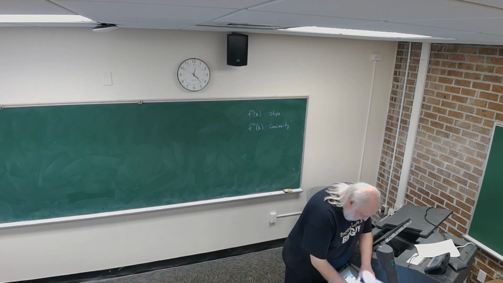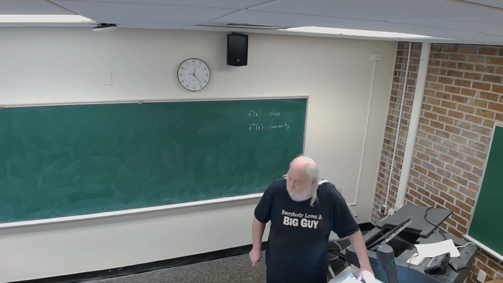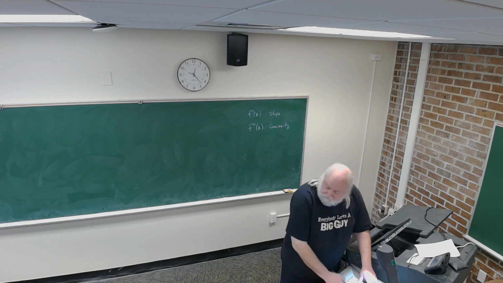And to the left of x equals minus 2, the graph is increasing, the slope is positive. And to the right of x equals minus 2, and to the left of x equals plus 2, the graph is decreasing, and the slope is negative. And then to the right of x equals 2, the graph is increasing, the slope is positive.